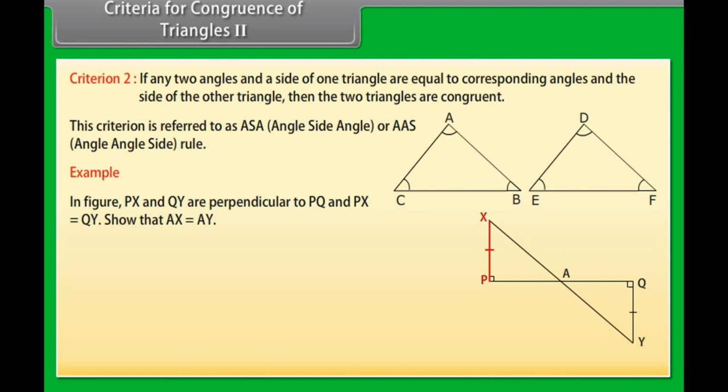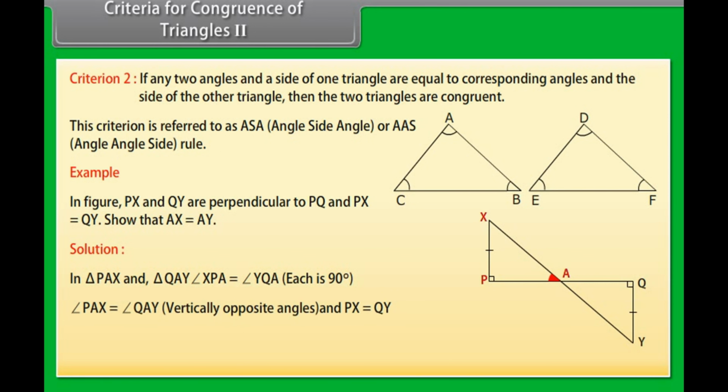In the figure, PX and QY are perpendicular to PQ, and PX is equal to QY. Show that AX is equal to AY. Solution. In triangle PAX and triangle QAY, angle XPA is equal to angle YQA because each is 90 degrees.